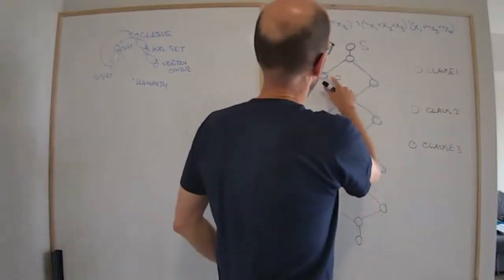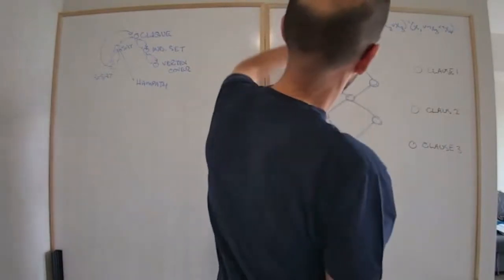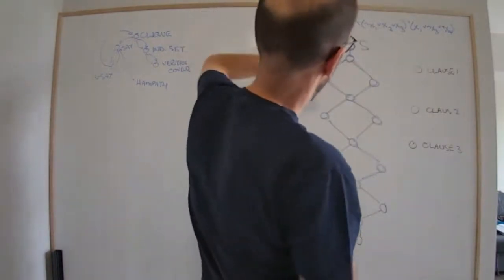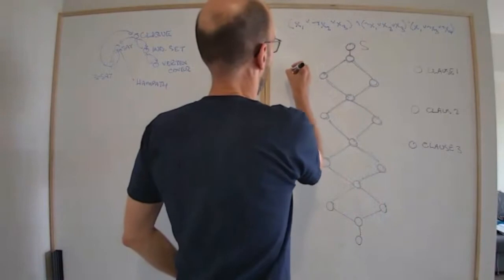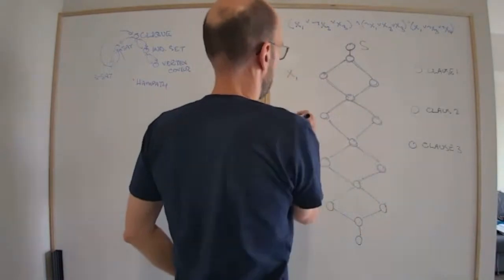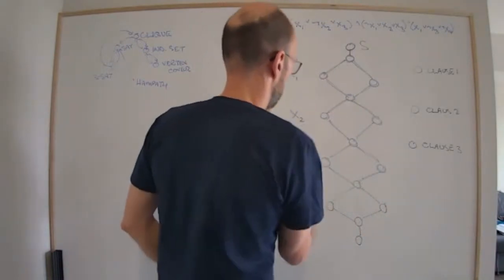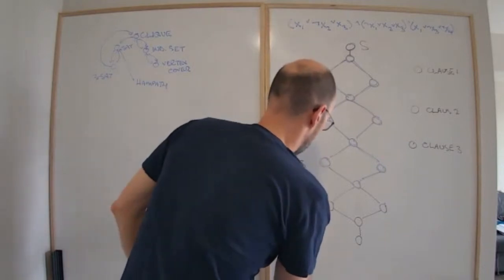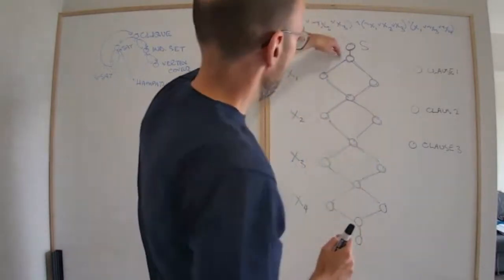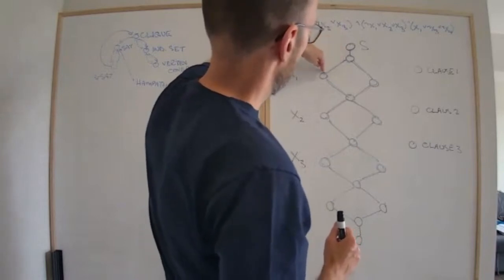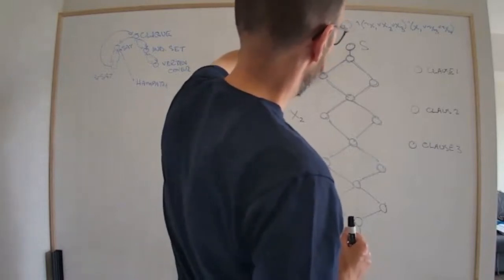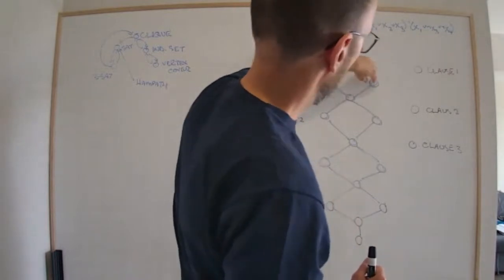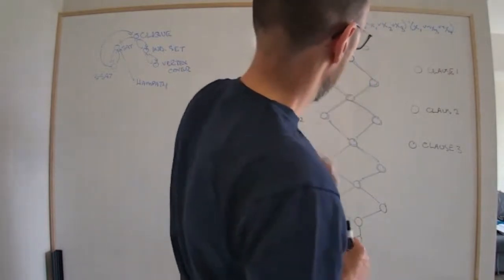So I'm going to put, so we go this way on the, so this is x1, this is for x2, this is for x3, this is for x4. If we make x1 true, then we're going to go this way over to here, and we're going to put a path in here, and then we're going to go like this, right?